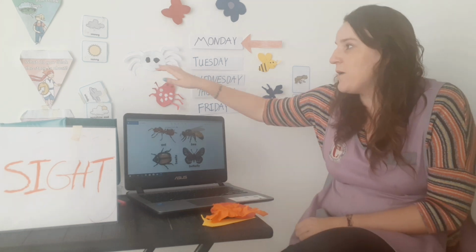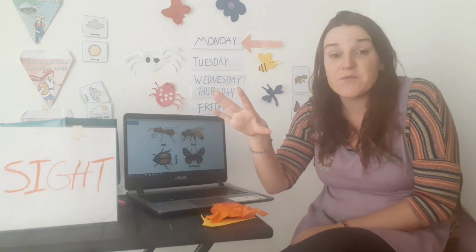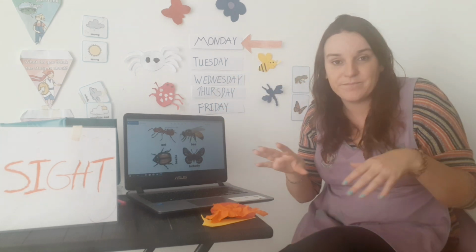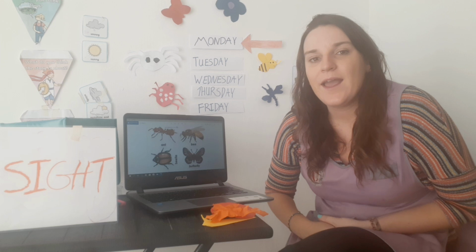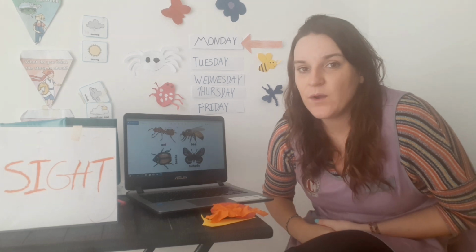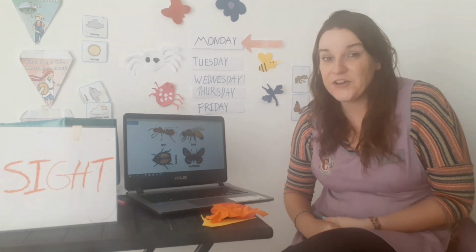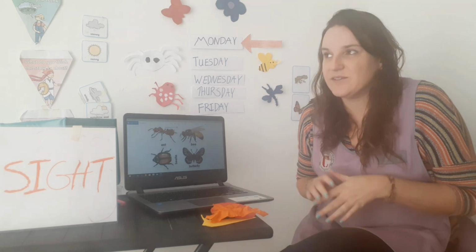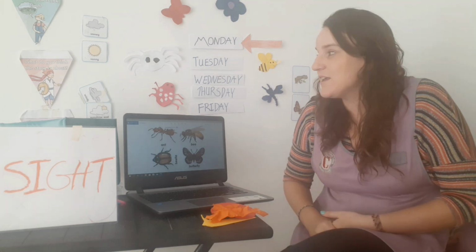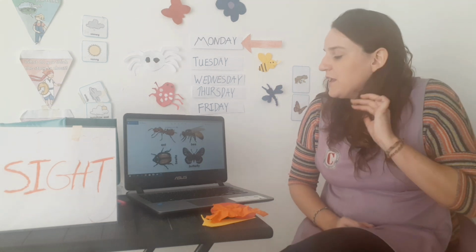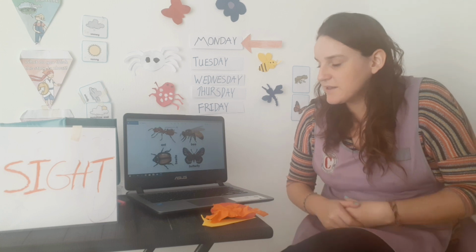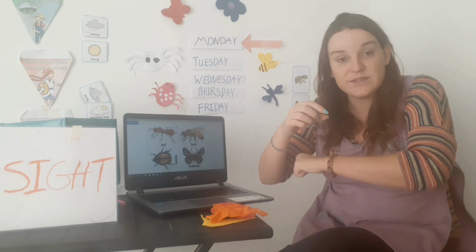For example, spiders make a web. Have you ever seen a spider web? No? Well, I have. The webs are amazing. Sometimes we have bugs that when you see them, they can bite.